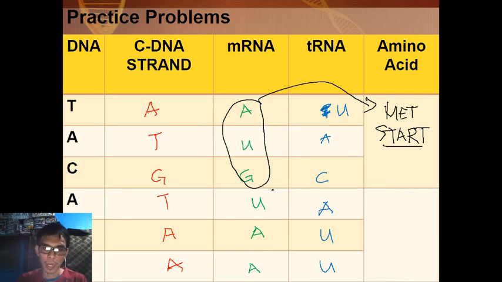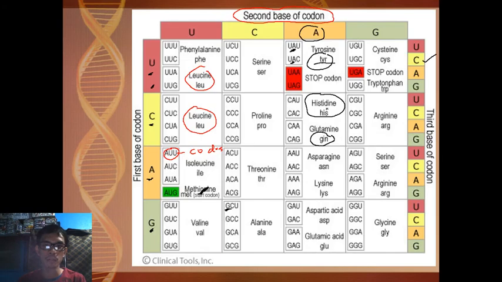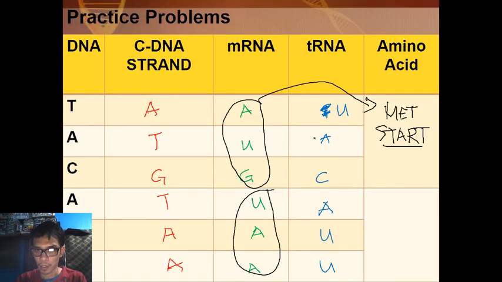Next one, so we have UAA. So let's go back again to the codon chart. So we have UAA. So fortunately, we have the stop codon over here. So we will write it there. So we have stop.